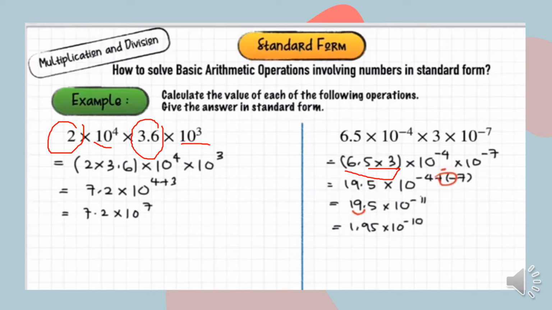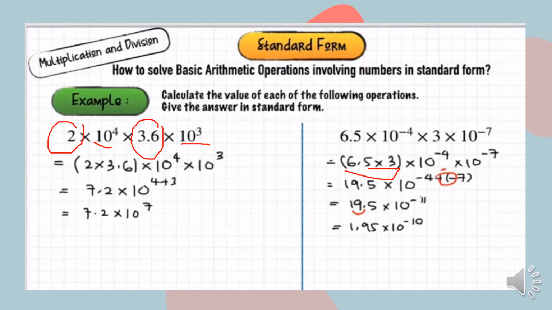So 6.5 times 3, as normal, and then you got 19.5. It's okay, just leave it there. But 10 to the power of negative 4 plus, in bracket, negative 7, because I have told you so many times, if you are dealing with a negative number, please make a bracket so that we do not miss it and lead to a wrong answer.